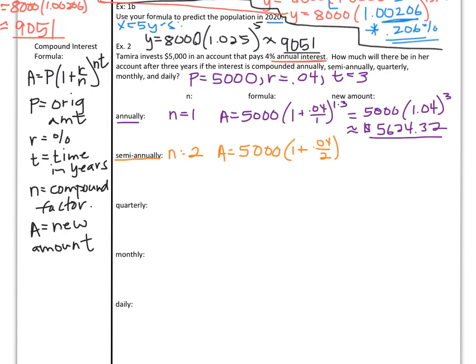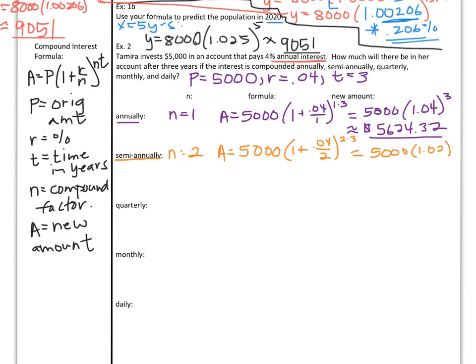And then instead of 1 times 3, we would do 2 times 3. That would give us 5,000 times 1 plus 0.04 divided by 2. Think about your order of operations. 0.04 divided by 2 would be 0.02, plus 1, 1.02.